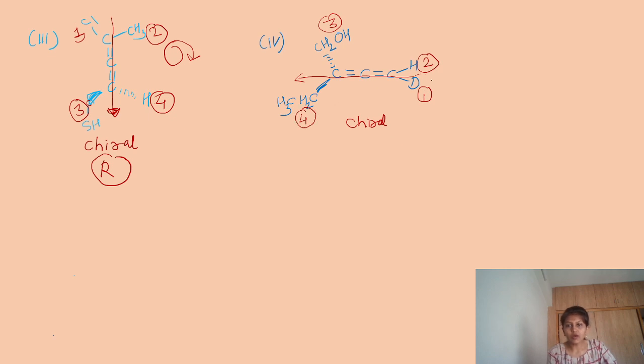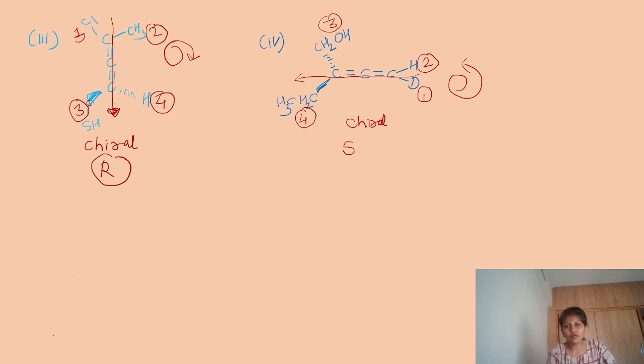Now rotate 1, 2, 3. So we have 1 number, 2 number, 3 number. It is anticlockwise, so we can say the configuration is S, provided the fourth group is below the plane.